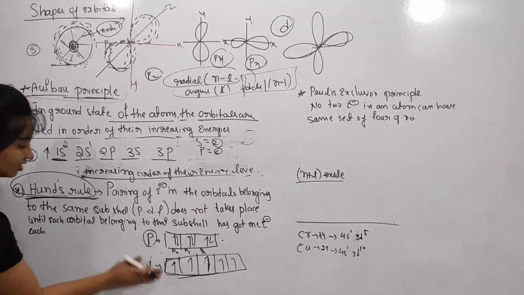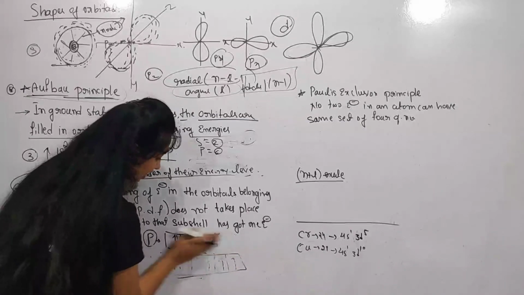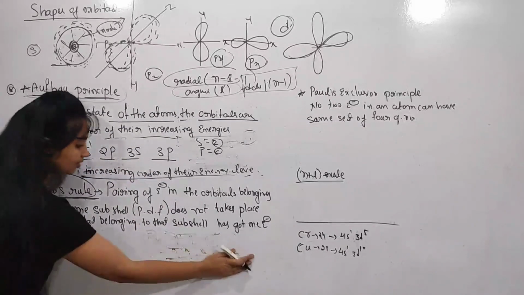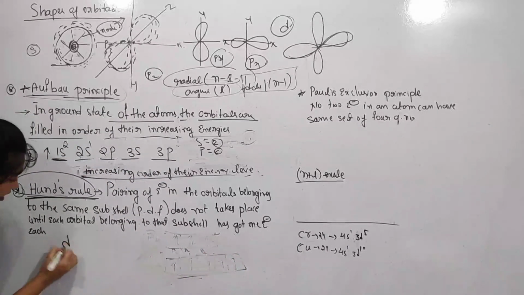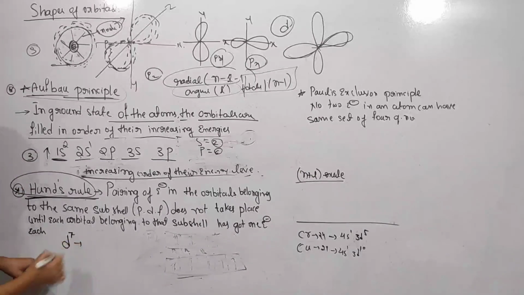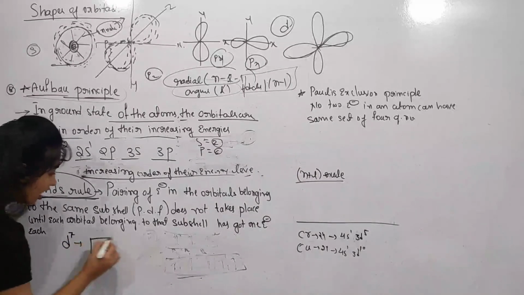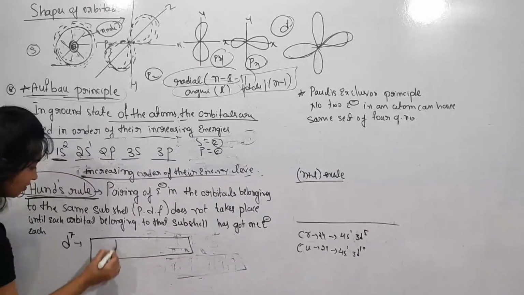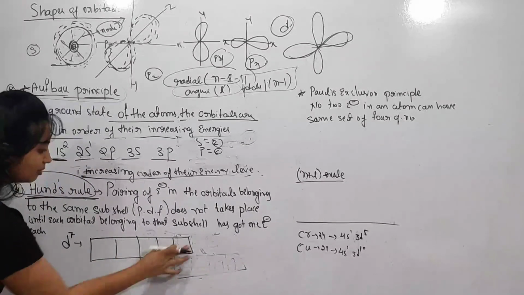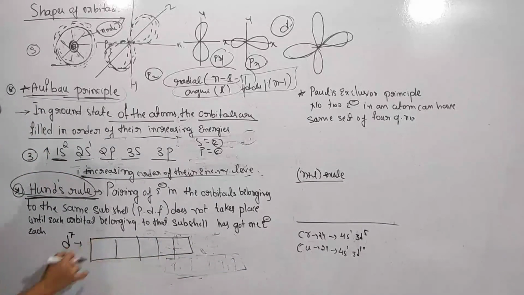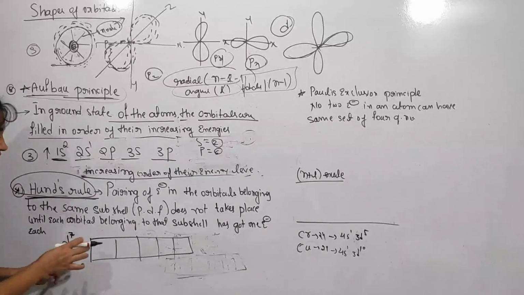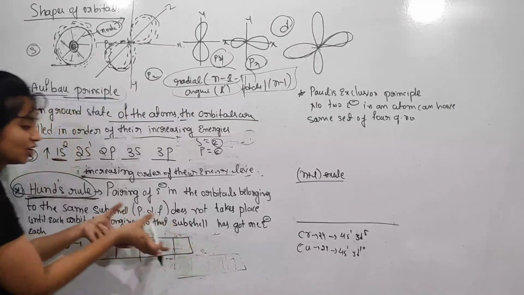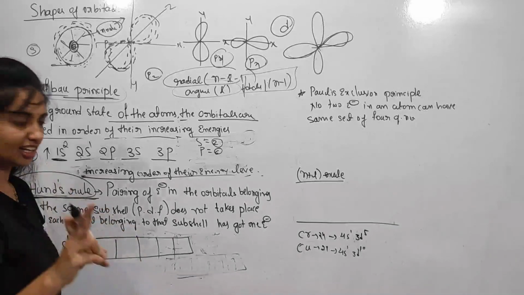Next I wish to give one example. If I have d7, how do I fill these electrons? We have a total of 5 orbitals in the d subshell. First, each orbital accumulates a single electron.